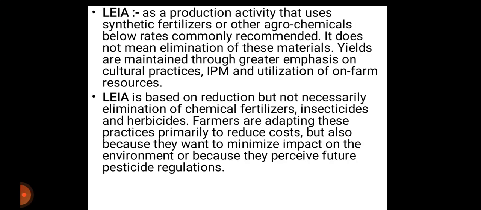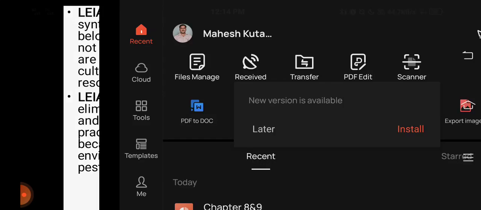Low external input agriculture is based on reduction but not necessarily elimination of chemical fertilizers, insecticides, and herbicides. Farmers are adopting these practices primarily to reduce cost, but also because they want to minimize impact on the environment.